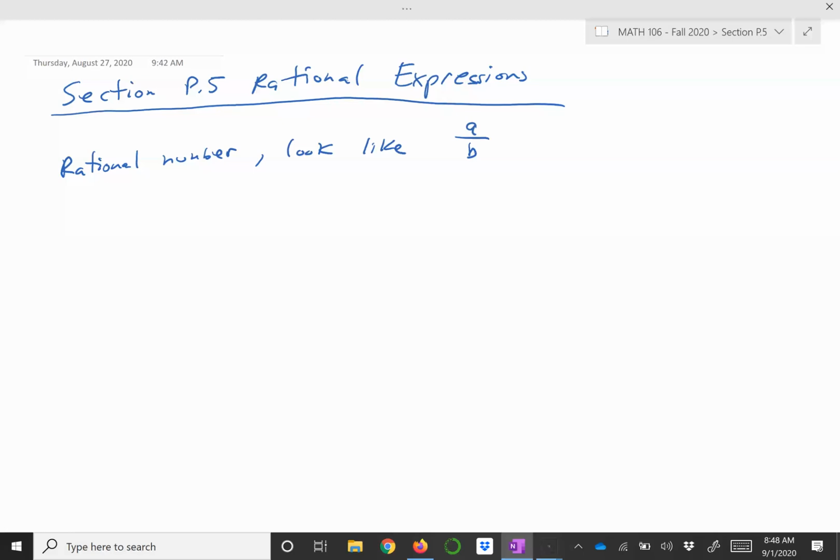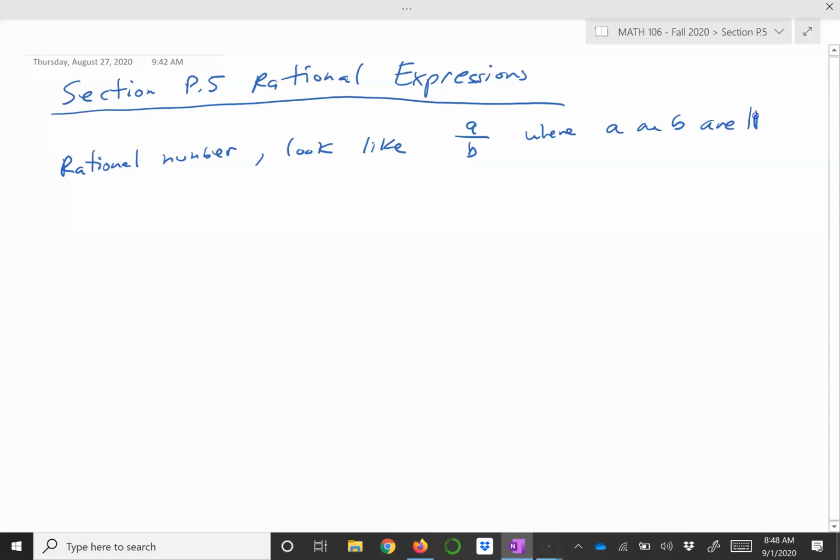A over B, where A and B are real numbers. Did you ever see the symbol for real is a big capital R with the big line next to it? So that just means reals. Where A and B are real, but B cannot equal 0.